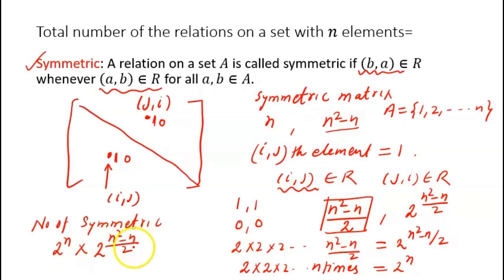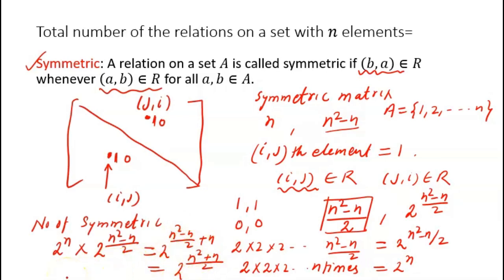So this is the total count. Some people can also write it as n square minus n by 2 plus n. So if you simplify, it will be 2 to the power n square plus n by 2, right? Because 2n minus n, so it will become plus n. So this is the total number of symmetric relations.